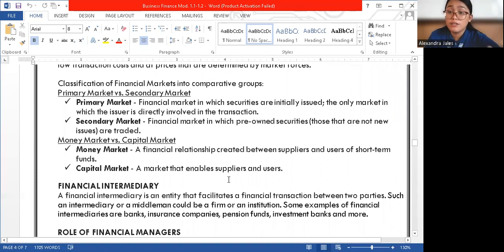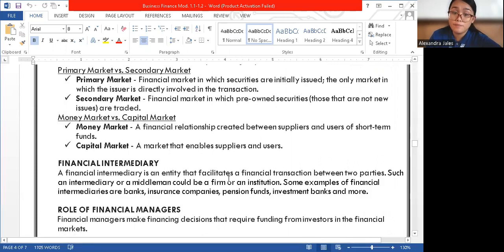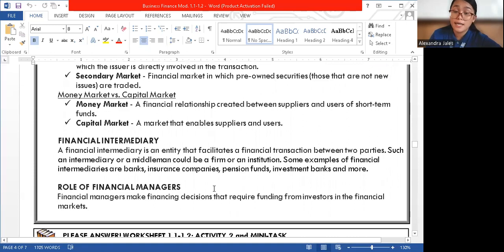That means it connects the two parties, especially if it's about financial transactions. A bank could be an example of a financial intermediary because they lend money to borrowers. They are between savers and borrowers. They are between two parties.